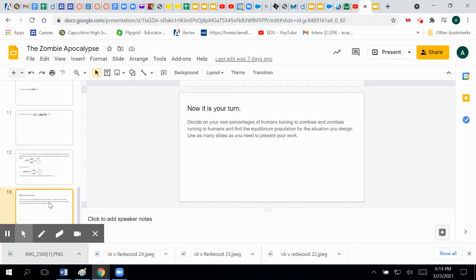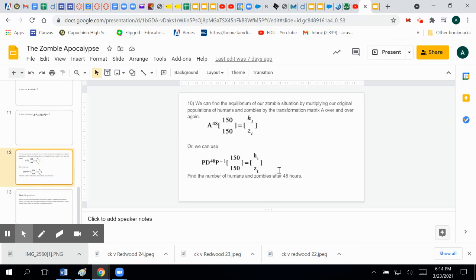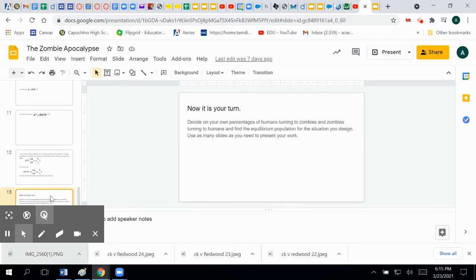And you know what? I'll leave it up to you. If you want to practice finding eigenvectors and eigenvalues, go for it. If you are just like, I want to just take my transformation matrix and raise it to a large exponent, that's okay too. I'll leave that up to you. So you can decide.